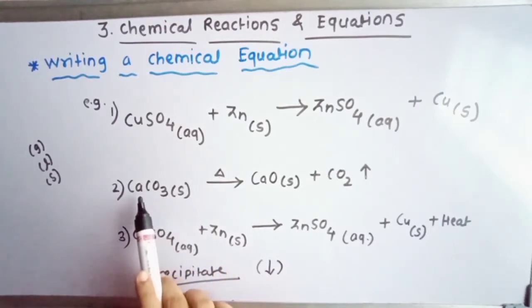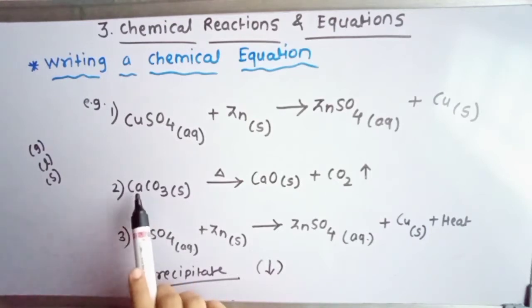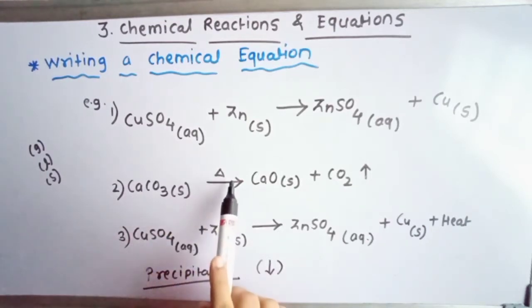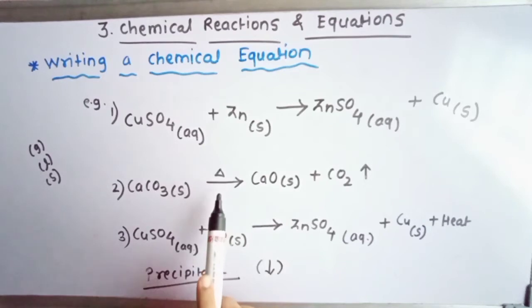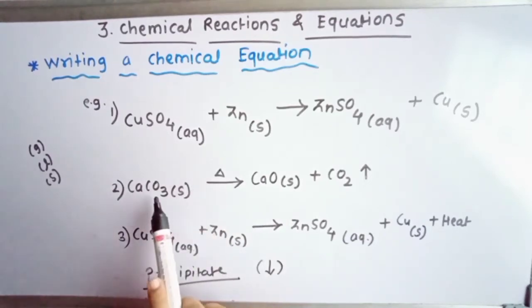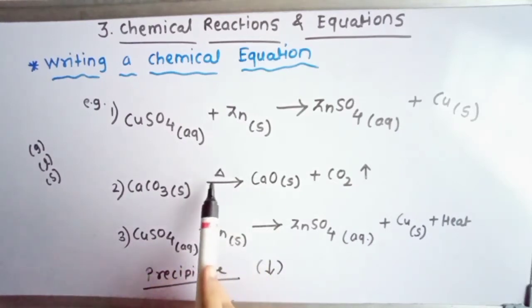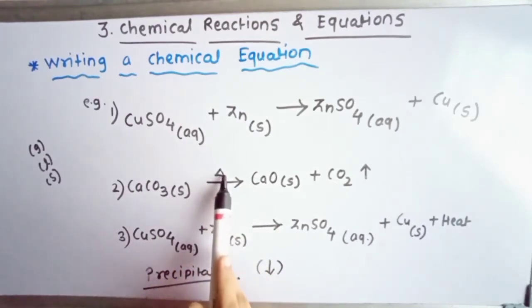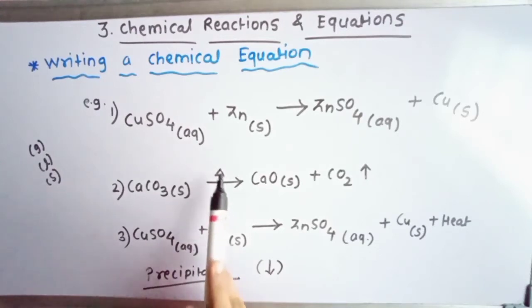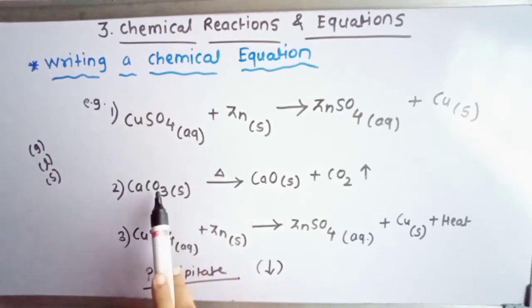In this reaction, see, CaCO3, meaning calcium carbonate, is heated, okay? When heat is given from outside to the reactant, then the symbol is like this, a triangle on the arrow, meaning heat is given to the reactants.